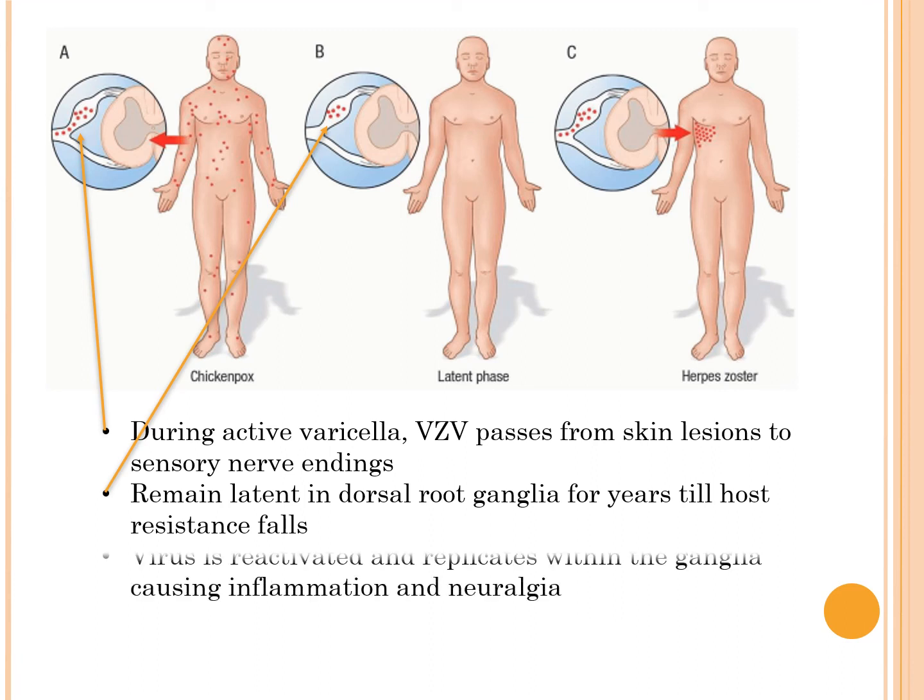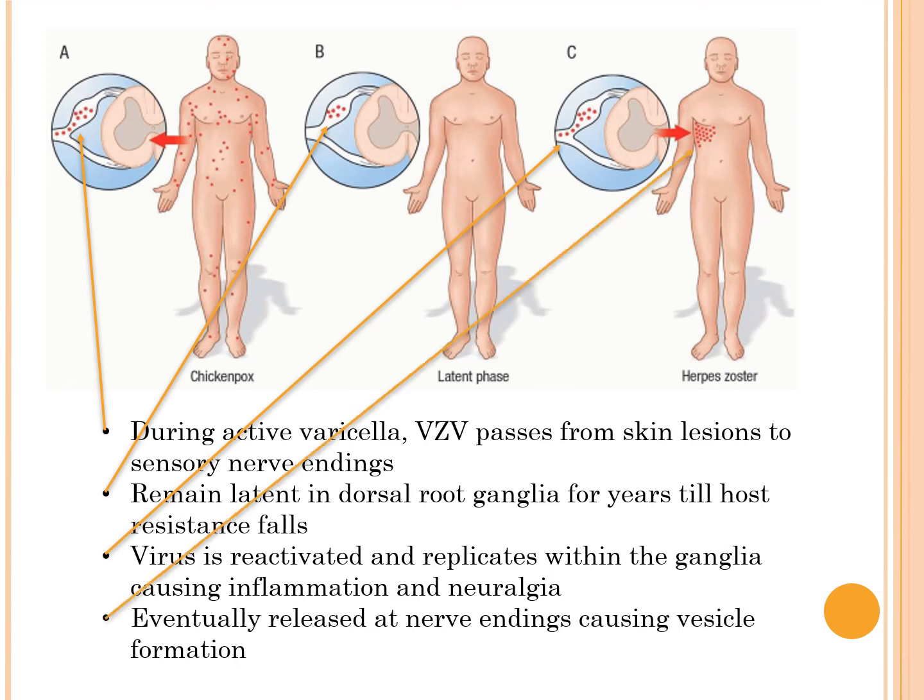When that happens, the virus gets a chance to be reactivated and replicate again within the dorsal root ganglia, causing its inflammation and neuralgia. Eventually, by its continuous replication and by axonal flow, these viruses are released at the nerve endings, causing vesicle formation, but only in the skin that is innervated by that particular nerve.